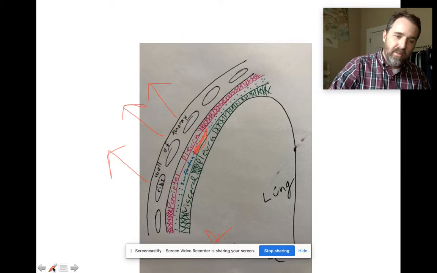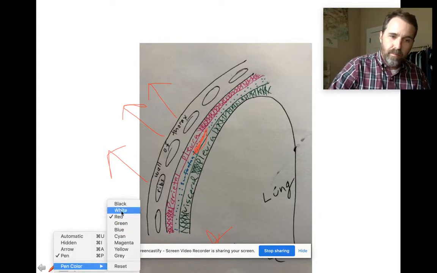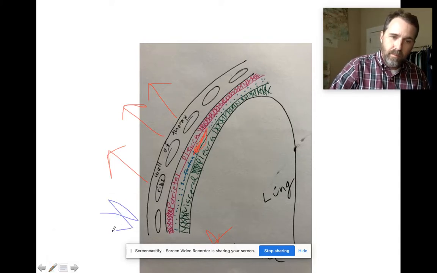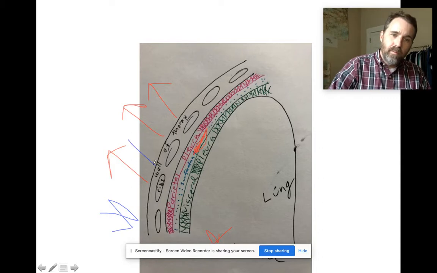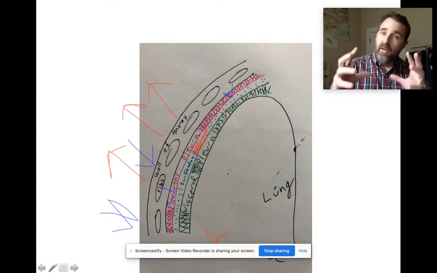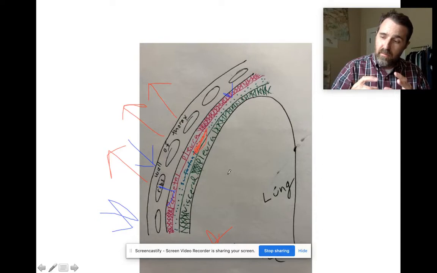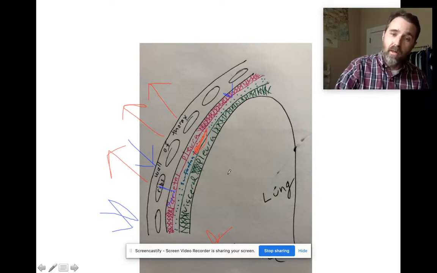And when the thorax relaxes and goes back in, then the parietal pleura will push in on the visceral pleura, and the lungs will contract. The volume of the lungs will get smaller.